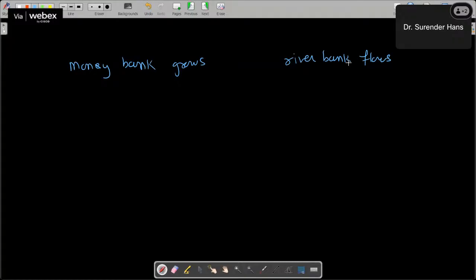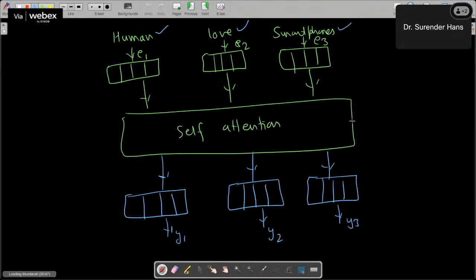The point is the word bank, which is in a different context in each sentence. Now let us understand what is happening inside the self-attention block.